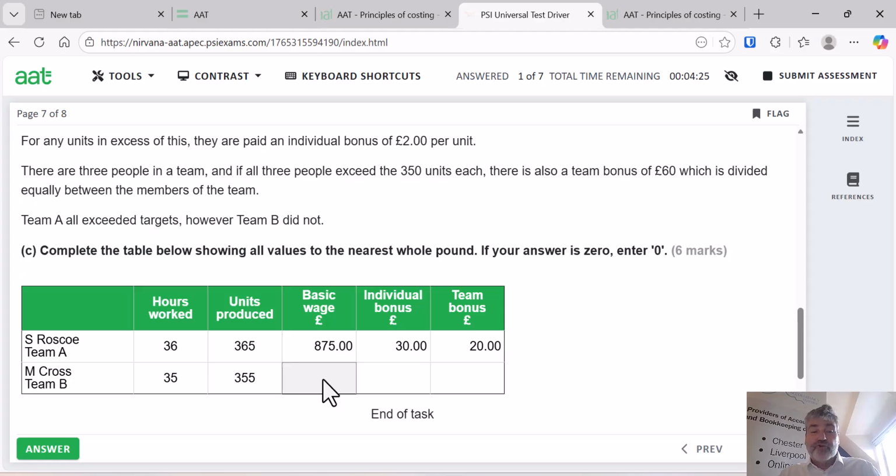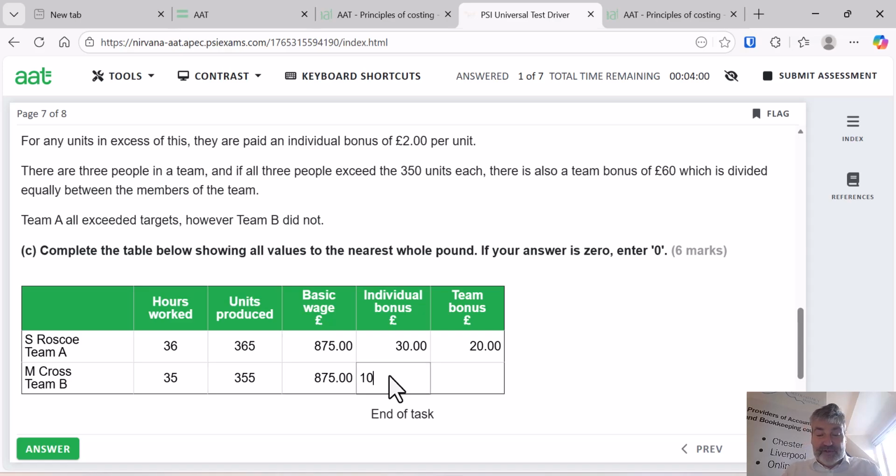So what about M Cross? Worked 35 hours will get £25 for each of those hours. So 35 times 25 is 875, exactly the same as Roscoe. Individual bonus, Cross has produced 355 units, which is 5 more than the standard expected. So each of those 5 is going to pick up a bonus of £2.